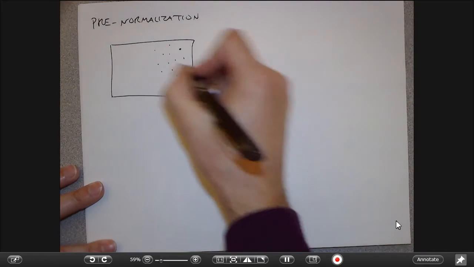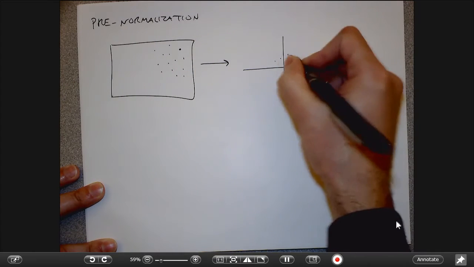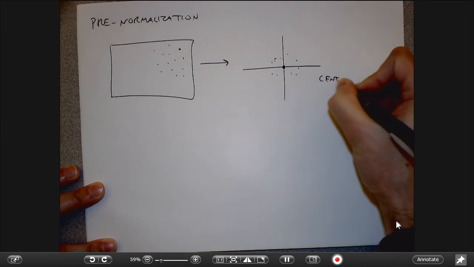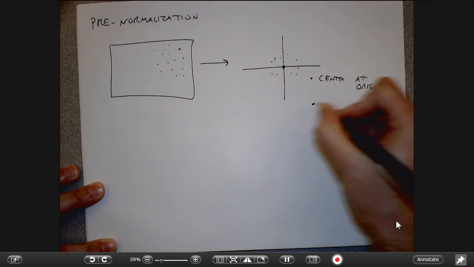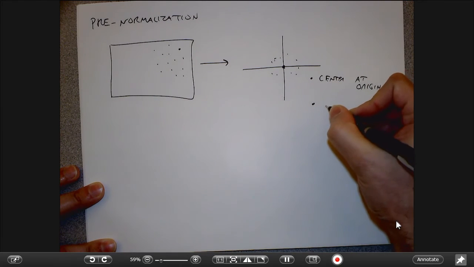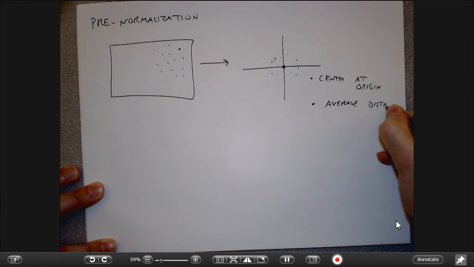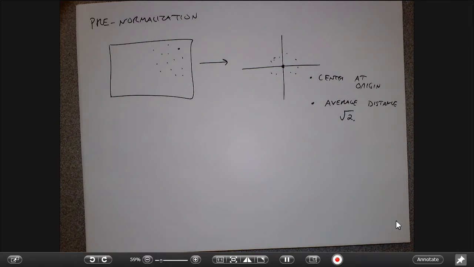Typically what you do is take this cloud of points and move it over so that it is centered at the origin. And you should have something like an average distance of square root of 2. So you move all the points over to the origin, you make them all have basically the same scale, then you do your estimation problem.